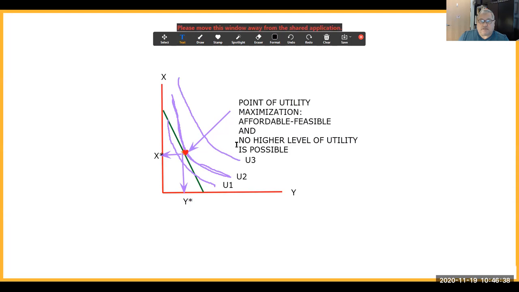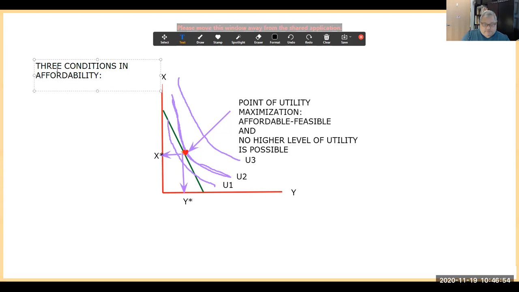Well, since there were three different things that we assumed to make this model happen, or three conditions in affordability. One was the level of income, disposable.